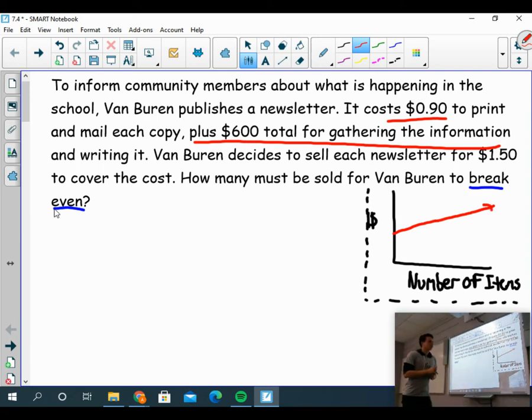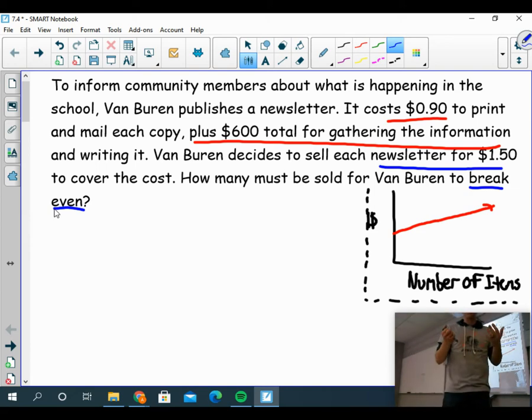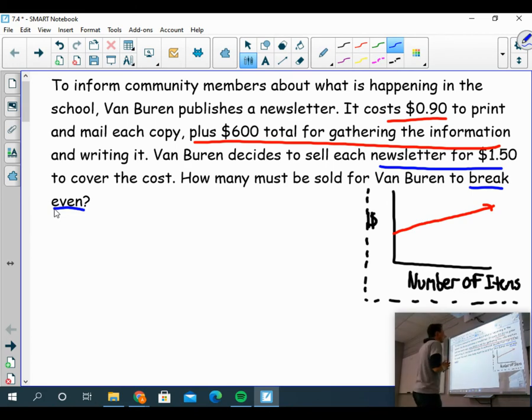So why would anyone do this? Well, what we do to make money is we then sell things. We sell the newsletters. Specifically, you'll notice we're selling the newsletters at a higher price than what we are making them. Not so high of a price that people won't buy them, but so that we can make a profit.